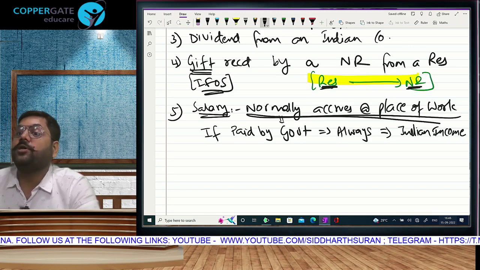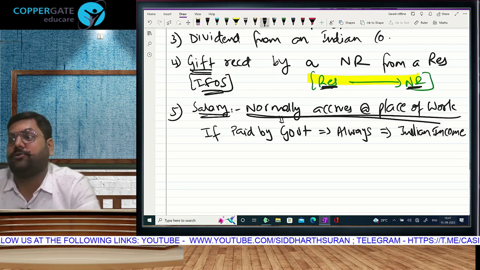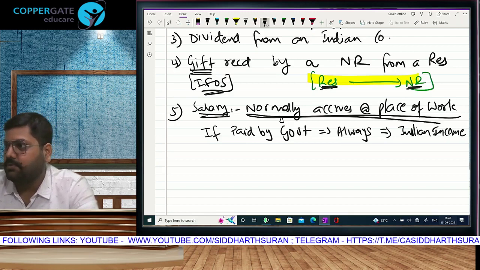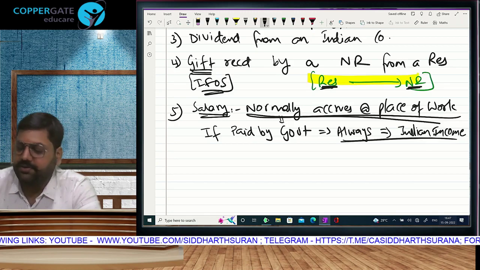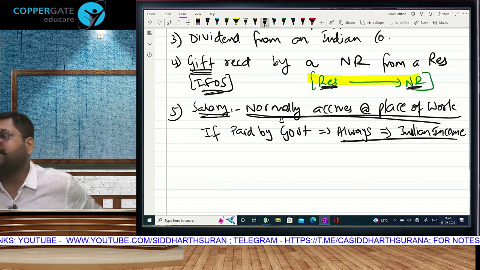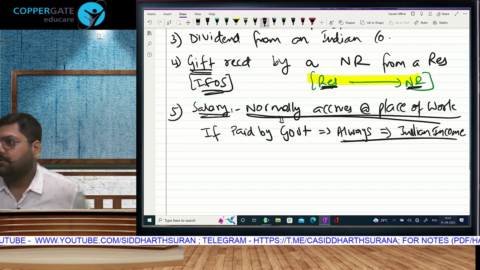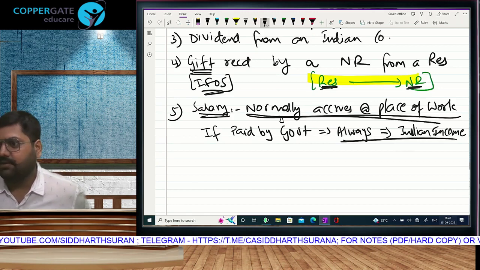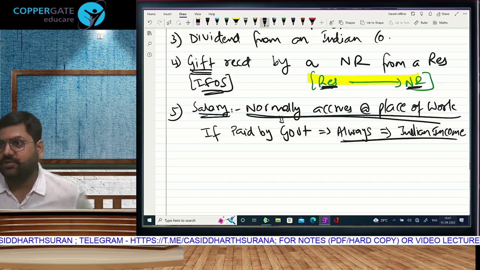Can government employees be sent to work outside India? I gave you the Ambassador example, no? That will also be treated as Indian income. First tell me one thing, where is he working? A government employee who is working in an embassy, where is he working? Outside India. And by the way, full year he stays there, so he is non-resident.